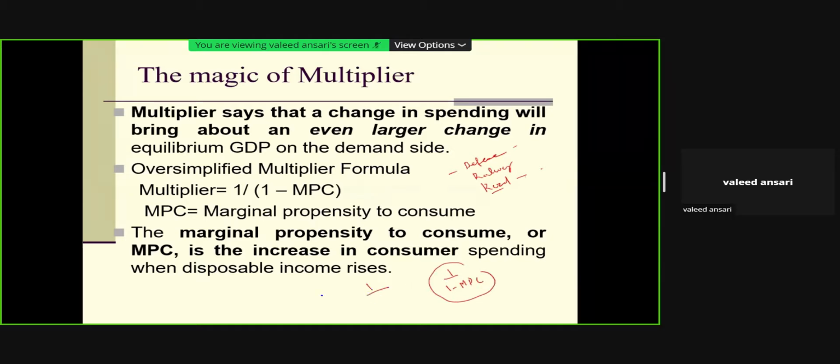For example, if people are spending 70%, it will be 1 divided by 1 minus 0.7. And now if it comes out to be lower, say they spend 50%, it is 0.5. Naturally, if you divide by a higher value, the result will be lower.